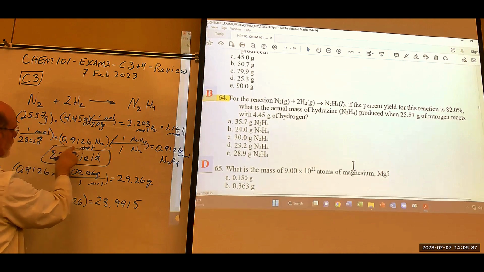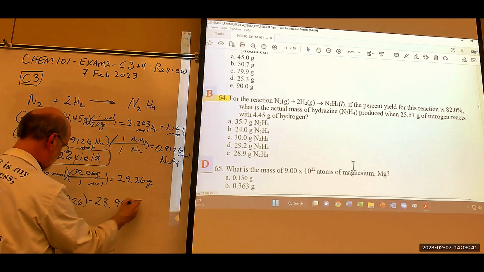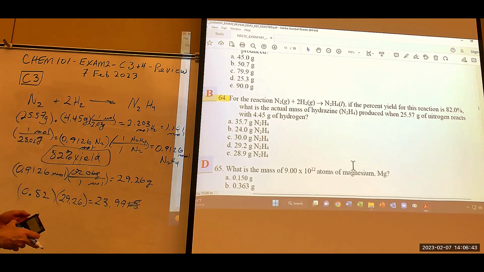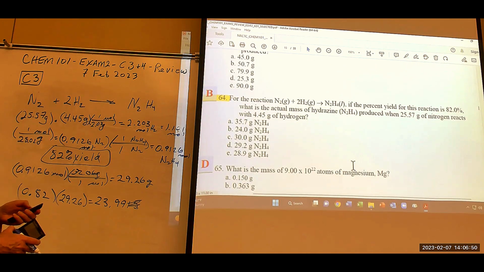This one has 4, so we can keep 4. 23.99 rounded. 24.0 is the closest answer. Is the actual yield of this reaction.